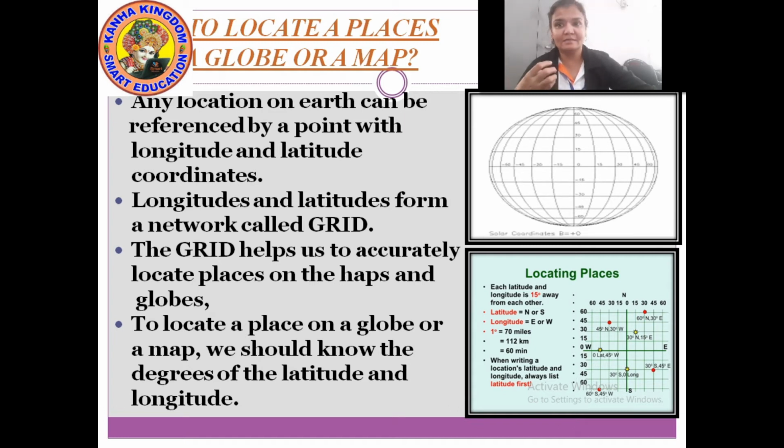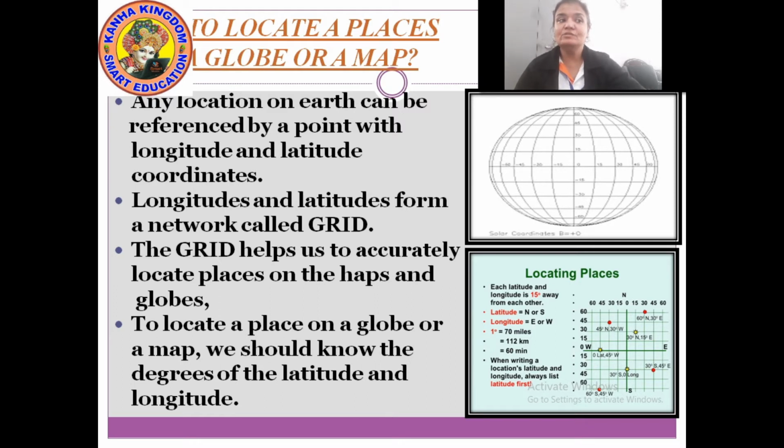While explaining that, I told you that the Tropic of Cancer is 23.5 degrees north and the Tropic of Capricorn is 23.5 degrees south. So if you want to locate a place on the globe or a map, you should know exactly the degrees of the latitudes and longitudes. For example, New Delhi lies at 29 degrees north and 77 degrees east.